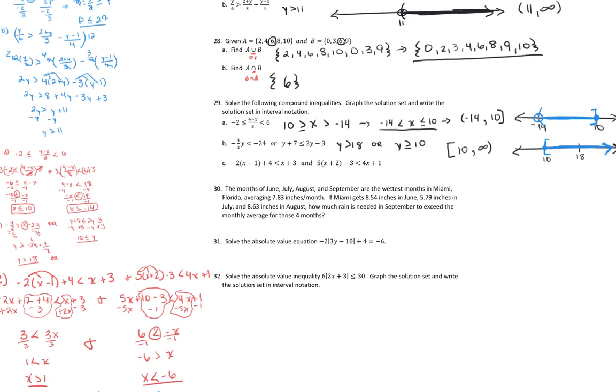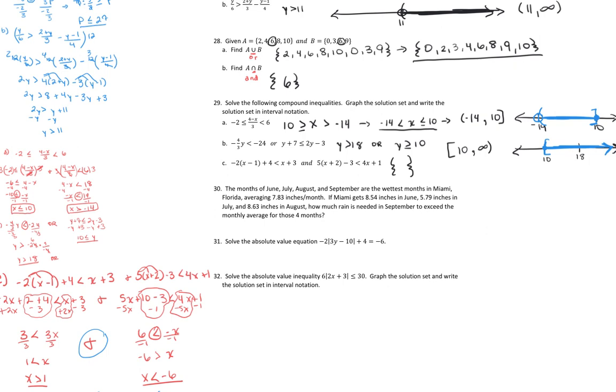Since our question said "and", we want to look for where things overlap. And since there is no overlap for this specific problem, we would just say there is an empty set. So just the squiggly brackets with nothing in them.